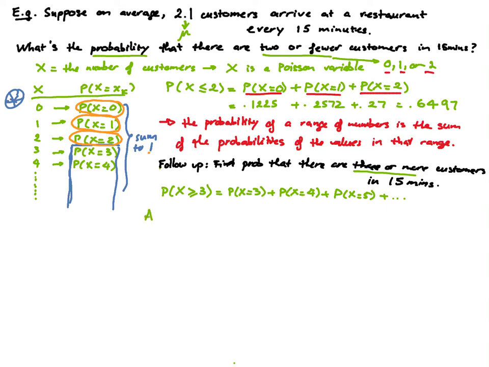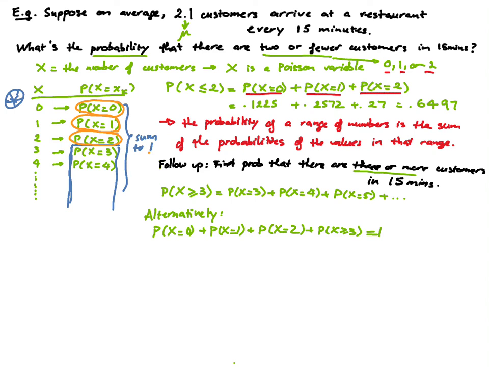Let's say alternatively, the probability that x is 0 plus the probability that x is 1 plus the probability that x is 2 plus the probability that x is greater than or equal to 3 is equal to 1.